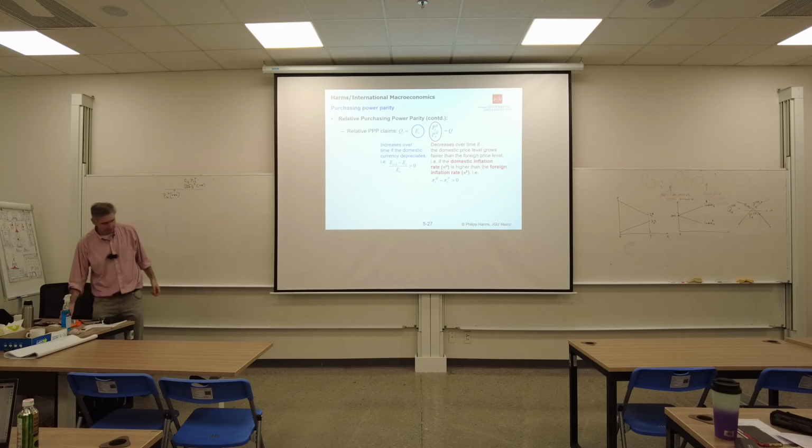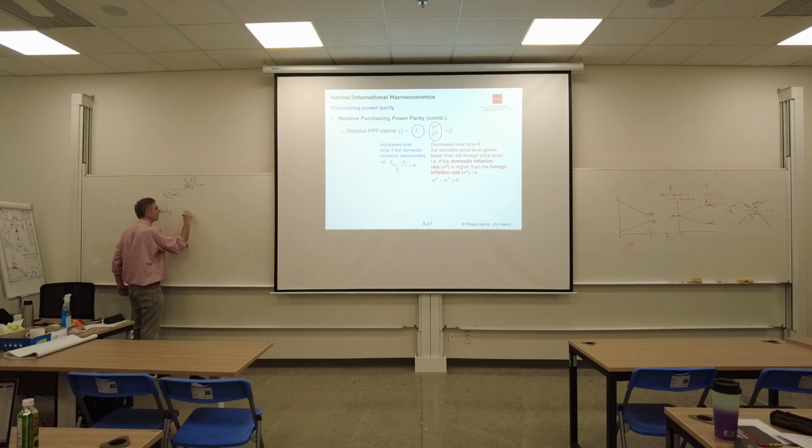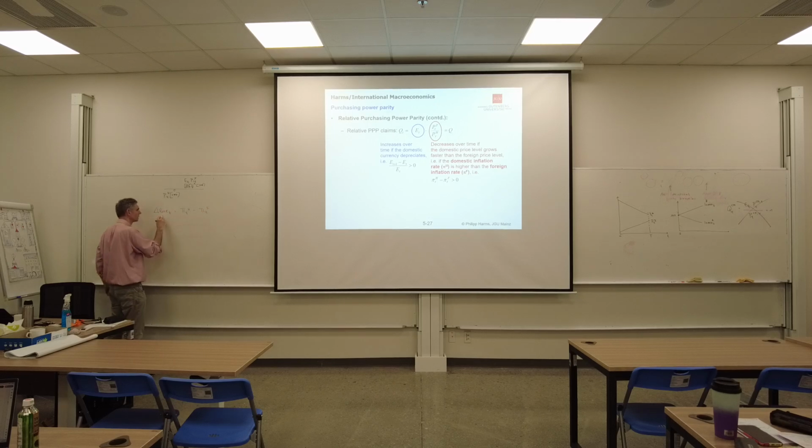Or put differently, that's how people often phrase it: Delta ln E_t should be equal to pi_t^h minus pi_t^f.